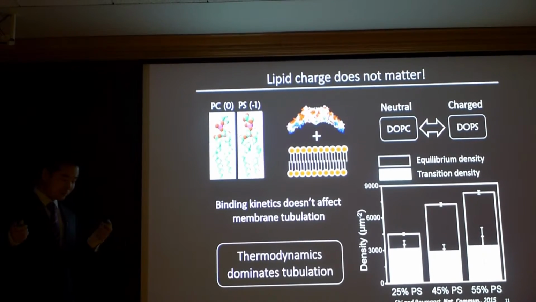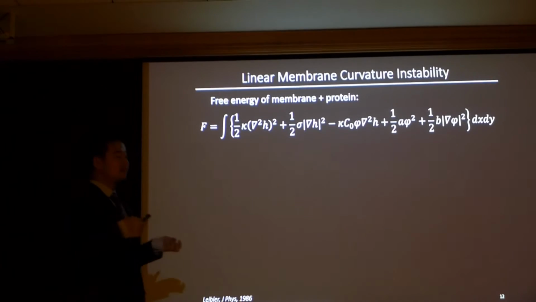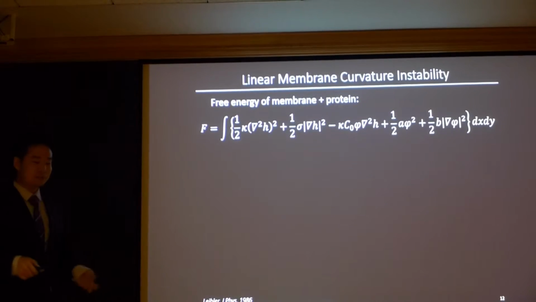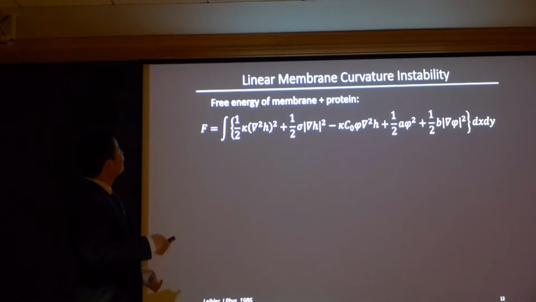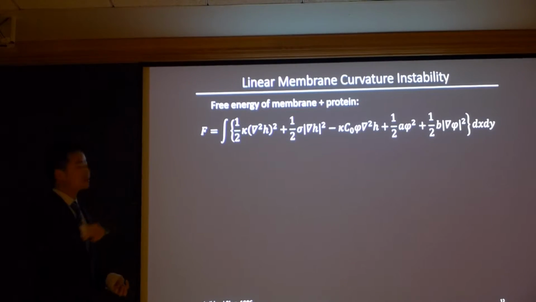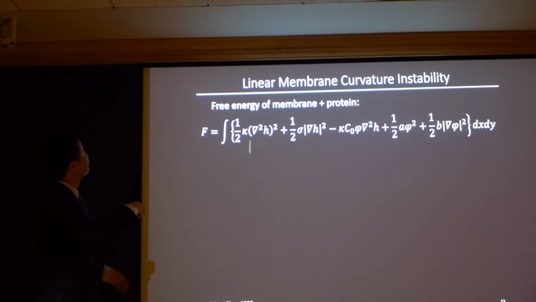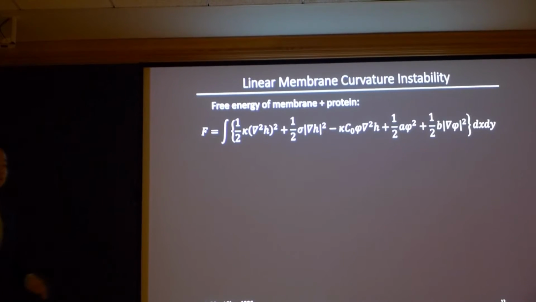So with that in mind, we can simply write down the thermodynamic free energy of the protein membrane system, where we use H to represent the surface profile of the membrane, so that the Laplacian of H will be the local membrane curvature.